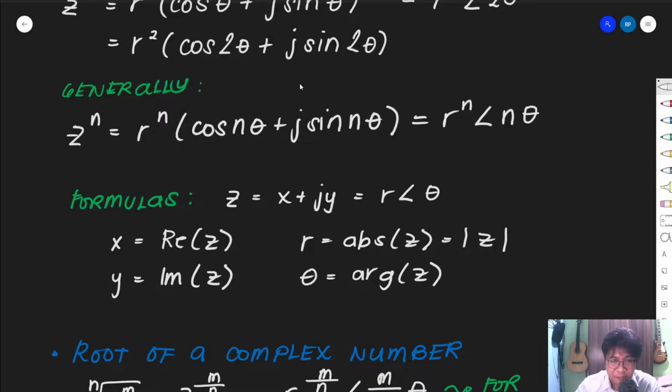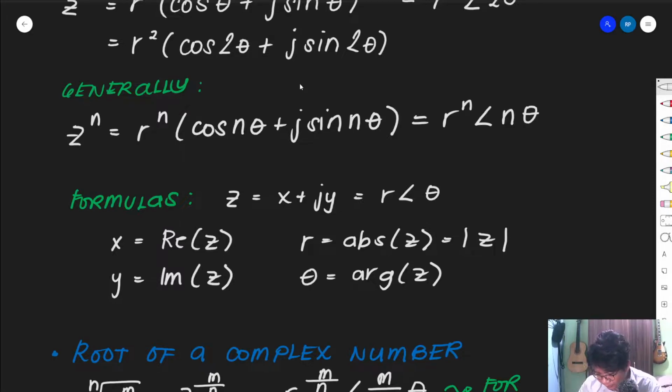So, generally, z raised to the power of n is equivalent to r raised to n times cosine n theta plus j sin n theta for the trigonometric form. And for the phasor form, we have r raised to n angle n theta, where n times theta is the angle.